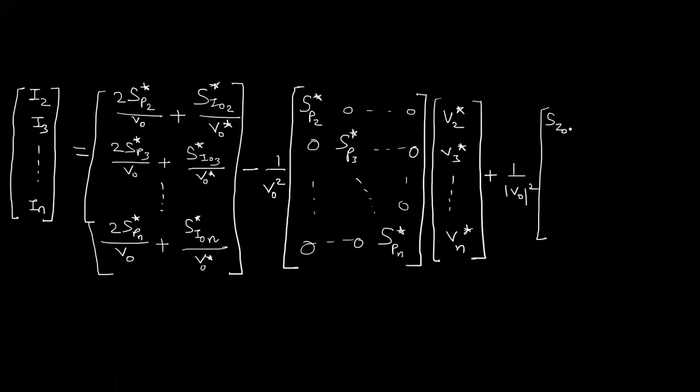So this is SZ0 for bus number 2 conjugate, then SZ0 for bus number 3 conjugate, and so on along the diagonal. So this is SZ0 for nth bus conjugate. This is a diagonal matrix, and here we have V2, V3, and so on up to Vn.